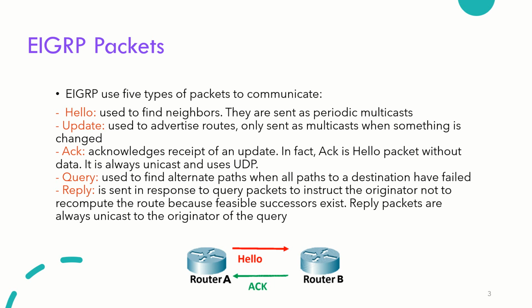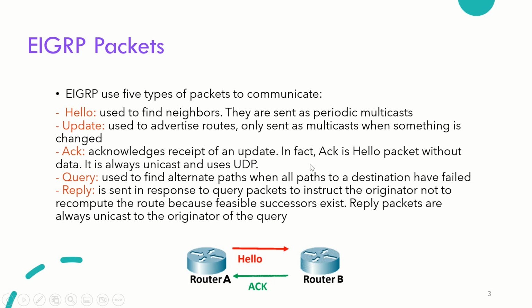Then router B will also send its routing table to router A by update packets, and router B will send its complete routing table for the first time in the network with multicast.